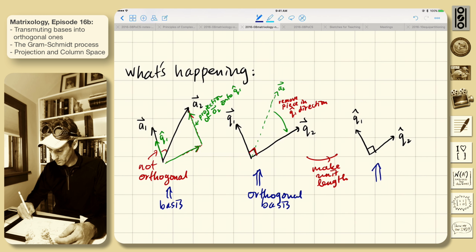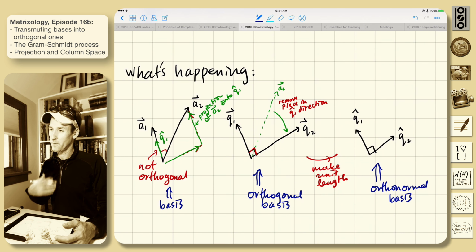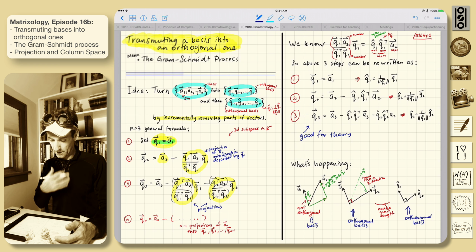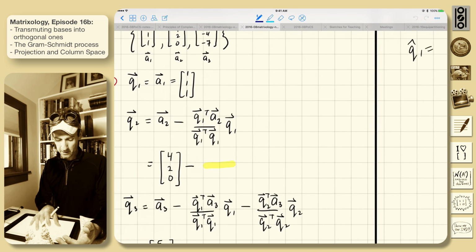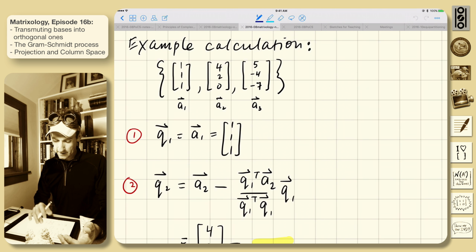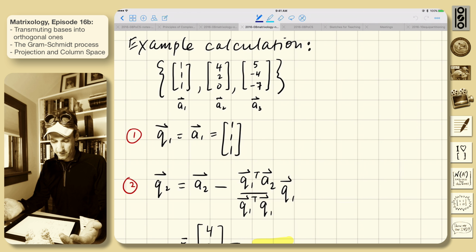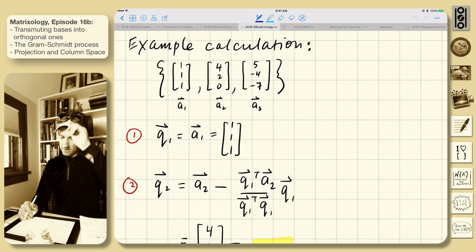Good? Good. All right, so let's do it. We have a formula for it, but there's a deeper understanding always available. All right, so here's just an example calculation. We've got these 3 vectors. They are in 3 dimensions, so they span all of 3 dimensions. I'm going to tell you that they are linearly independent.